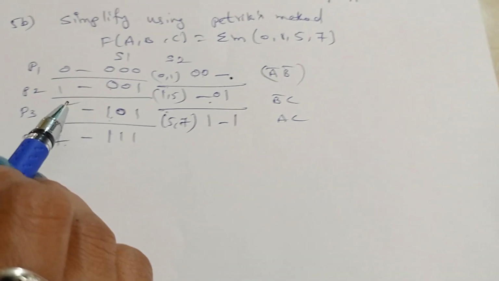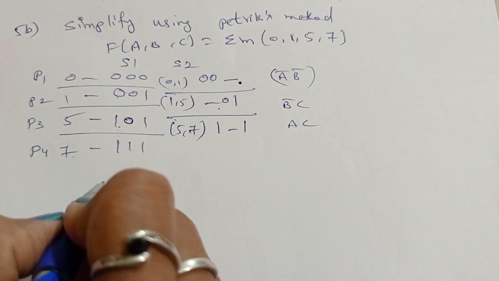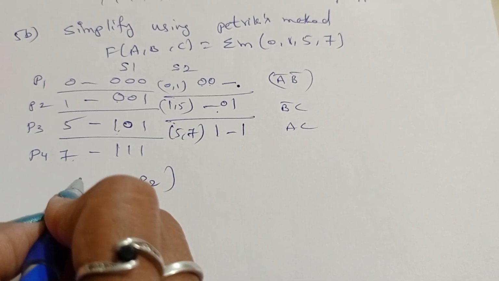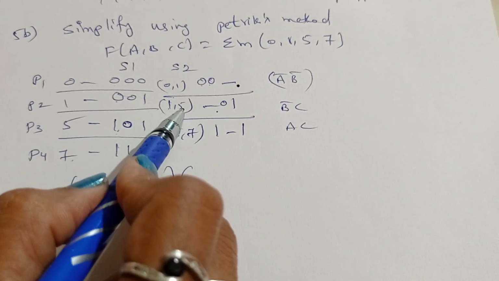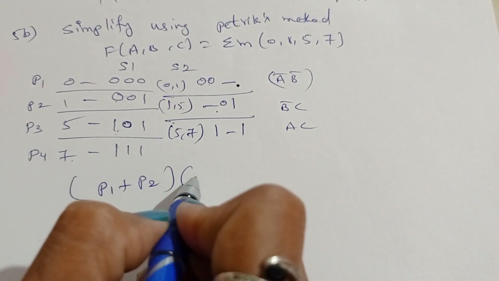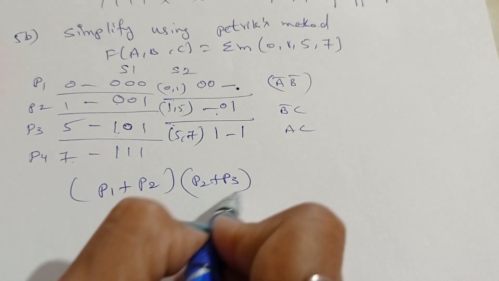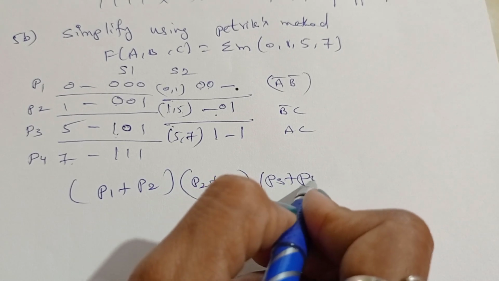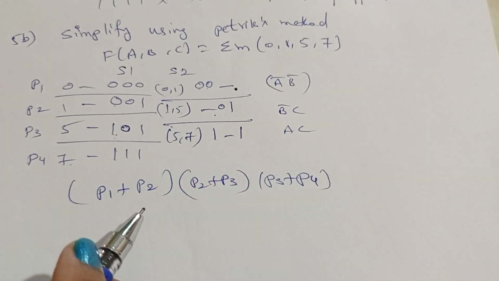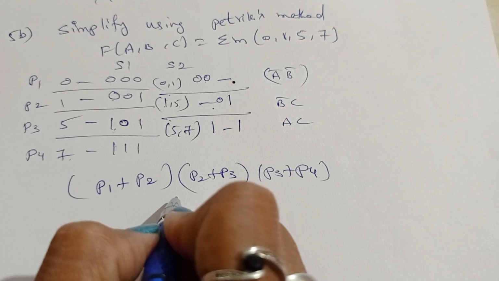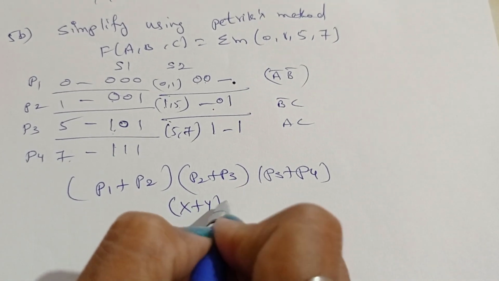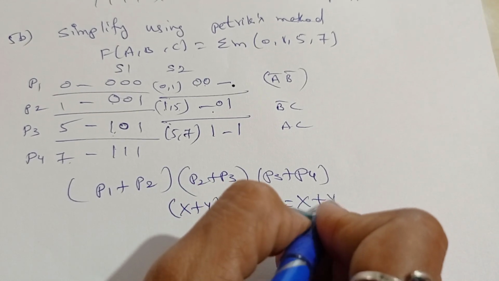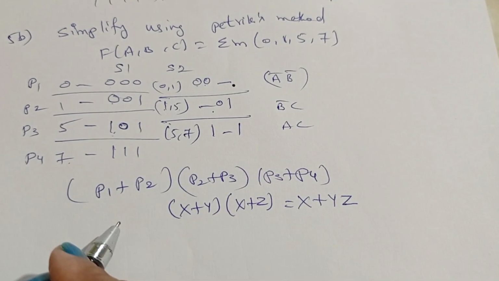Now Petrick's method: 0 1 means P1 plus P2. Next 1 5 is P2 plus P3. Next 5 7 is P3 plus P4. We have a formula to minimize this: x plus y into x plus z is equal to x plus yz. This is to reduce.